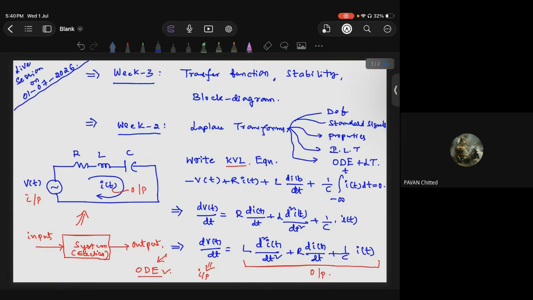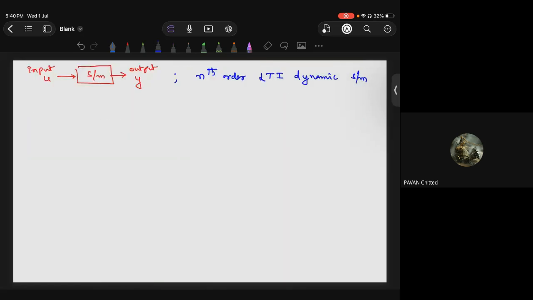Basically we call these systems dynamical systems; we have already seen those definitions. What is LTI? Linear time invariant. In the first class, we have already seen some problems on how to define linearity, with examples, and time invariant systems also.